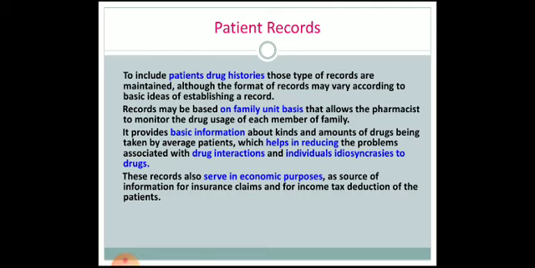It provides basic information regarding the amount of drugs being taken by the average patient, and helps in reducing the problems associated with drug interaction and individual intolerance to the drug. The patient record will also serve economic purposes as a source of information for insurance claims and for income tax deduction of the patient.